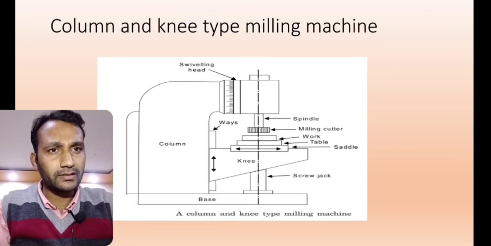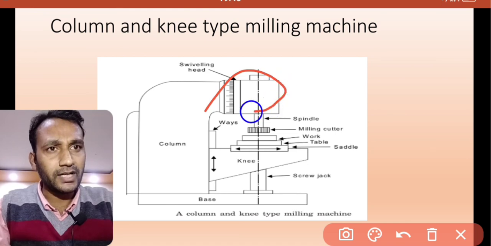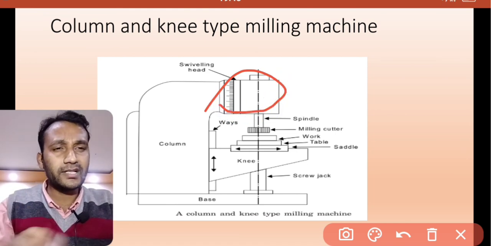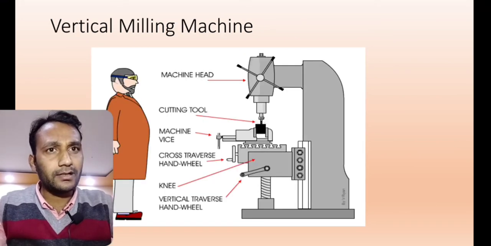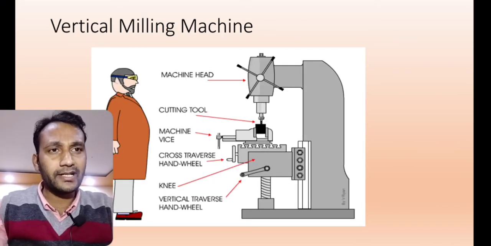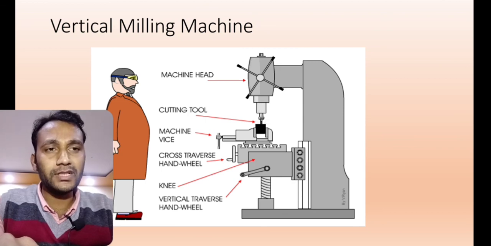In the column and knee type, the head can rotate at some angle, but as far as this vertical milling machine is concerned, its head cannot rotate, it can just move vertically downward in order to provide the feed to the workpiece.